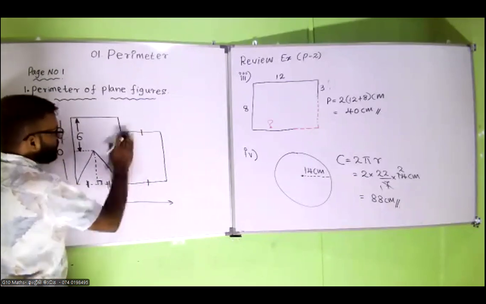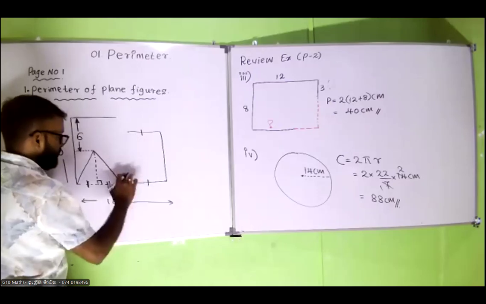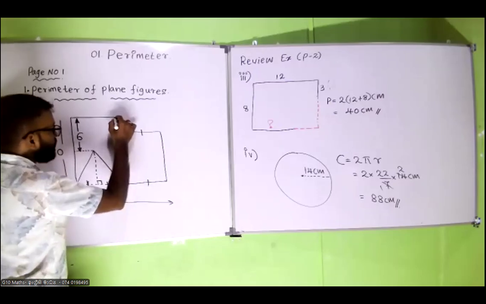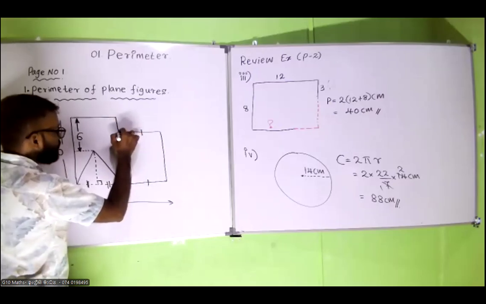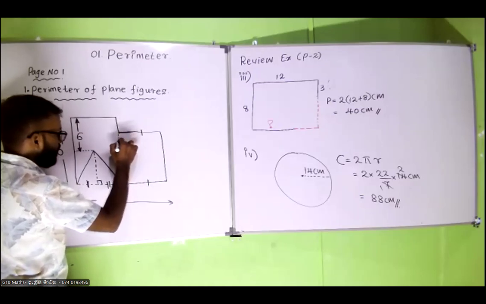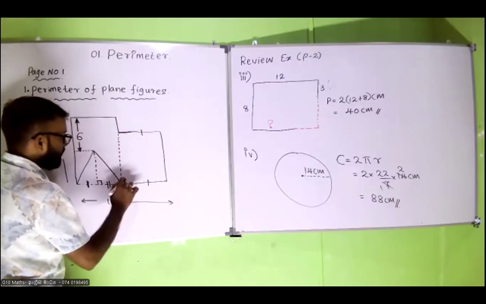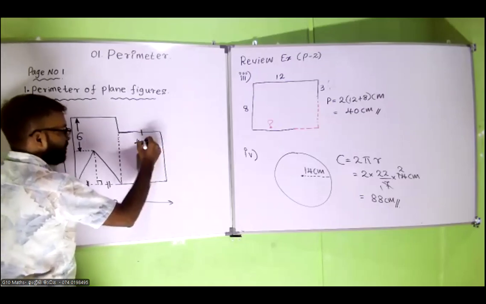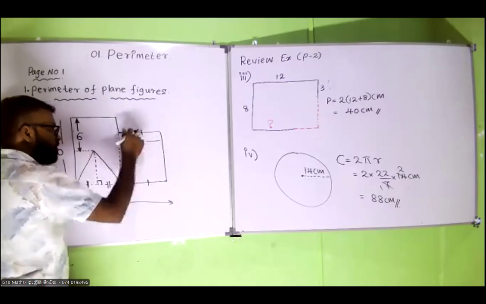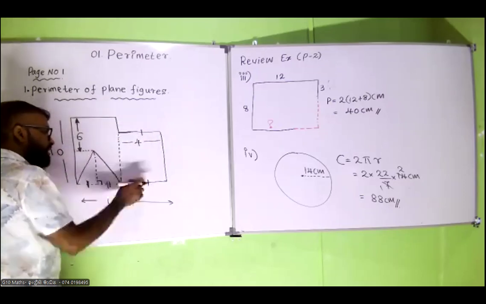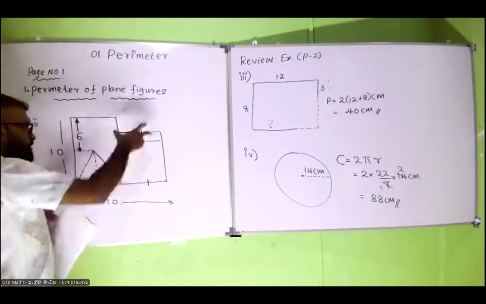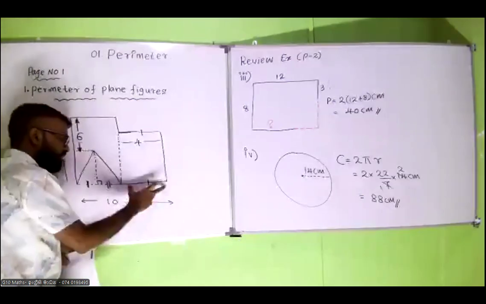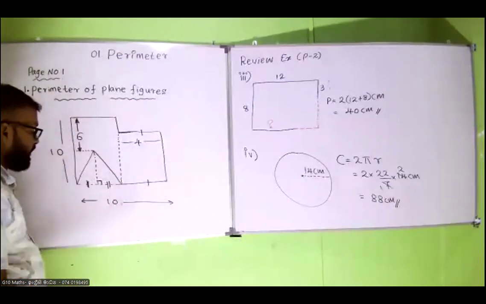I will take it somewhere here. So this length is 4 centimeters. Here you have a dash line, and here you have a dash line, so if this length is 4 centimeters, this length is also 4 centimeters.